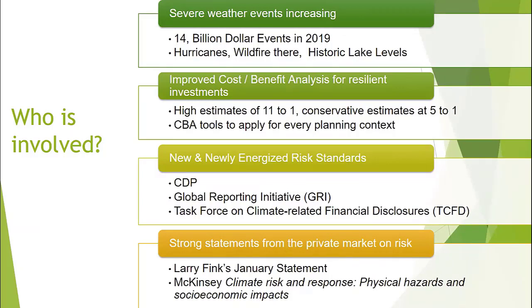Obviously, we rounded the corner on the alphabet of hurricanes this year, the wildfires across the West, the experience of wildfires across the Pacific Northwest, which was surprising and horrifying for people throughout Oregon and Washington, to say nothing of the fires across California and Colorado, and in the upper Midwest and the Great Lakes region, the experience of these historic lake levels, which has been catastrophic for infrastructure, for homeowners, and for communities who are trying to understand if these levels are going to persist, if they're going to drop. These impacts are just with us in so many forms.